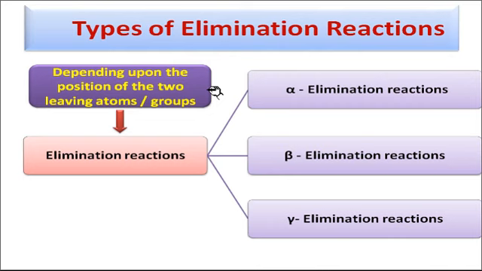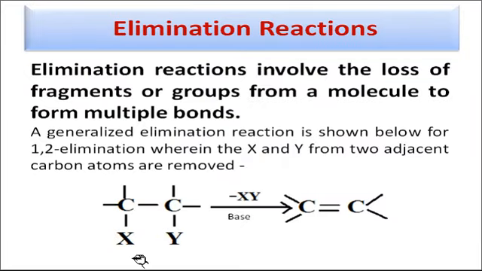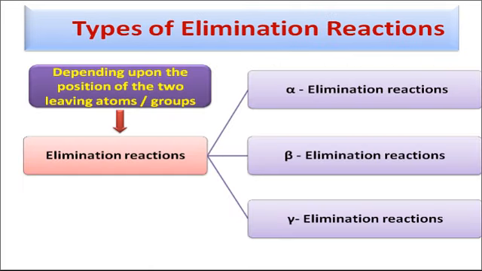Now, depending upon the position of the two leaving atoms or groups, X and Y, the mechanism of elimination reaction is divided into three categories: alpha elimination, beta elimination and gamma elimination reactions.